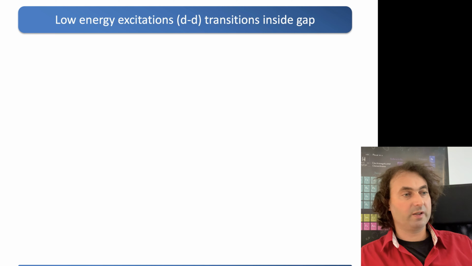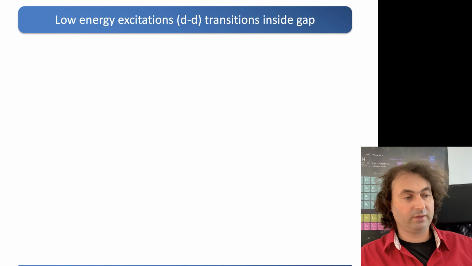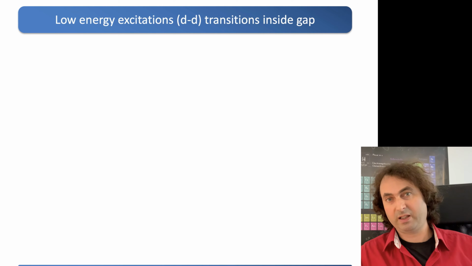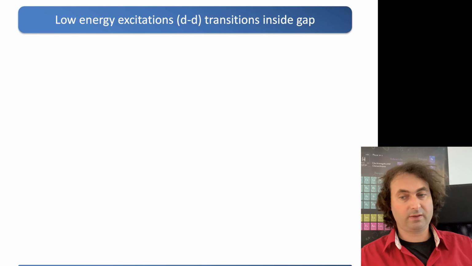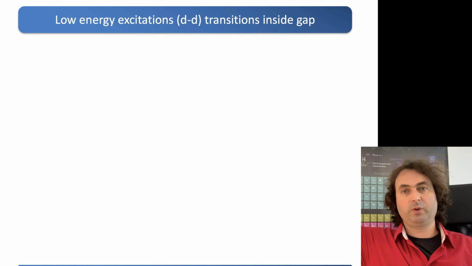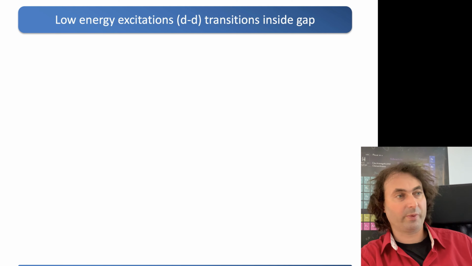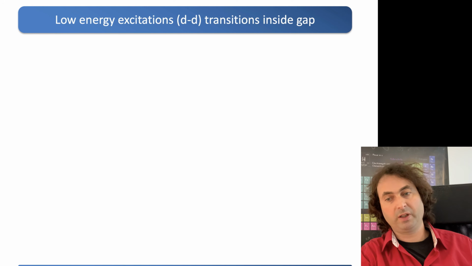Because many of these materials are insulators, or better said, this level of theory only makes sense if you look at an insulator, we can have a look at low energy excitations inside the optical gap. Taking out an electron from one site and putting it on another site costs you a Coulomb energy U. That opens up a gap such that you become an insulator.